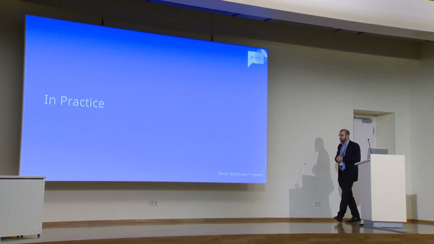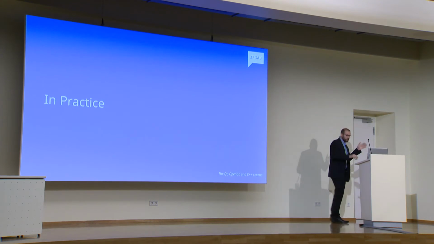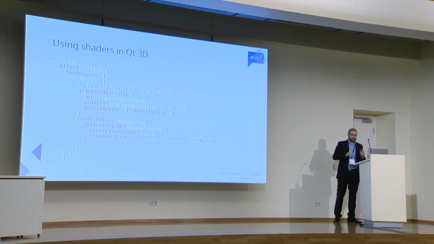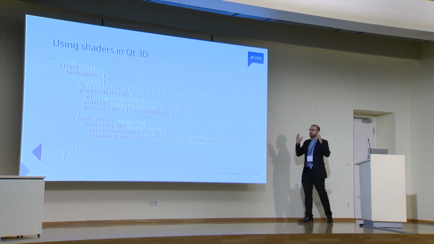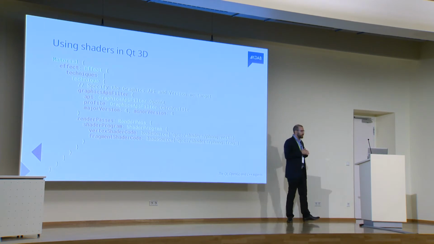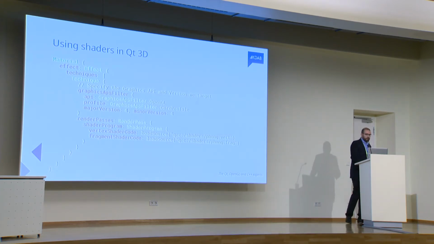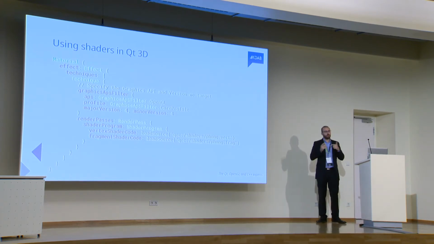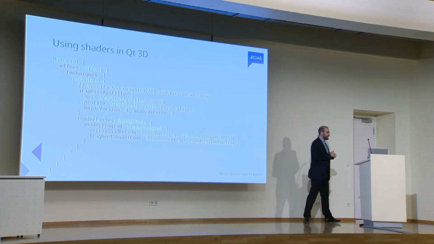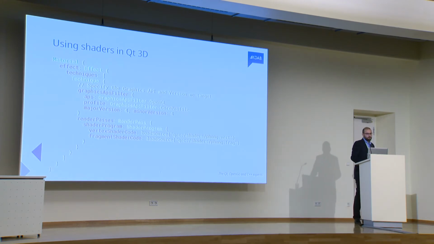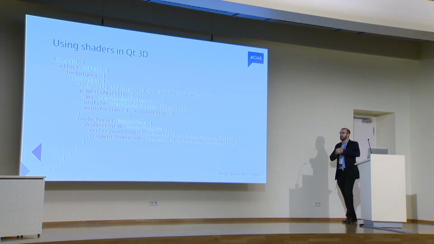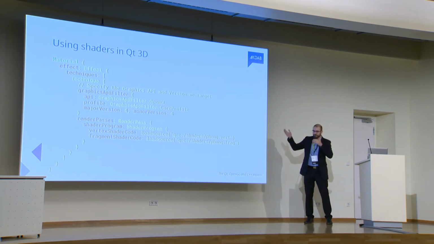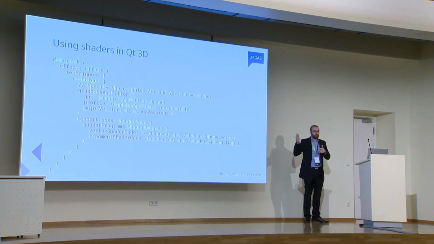So that was a quick recap about shaders to help you understand what we're going to talk about. Because in practice, if you're using Qt3D, that's the way you will load your shaders. You use the material API, which allows you to reference an effect. The effect can have one or more techniques, and each technique has a graphics API filter, which essentially says to Qt3D, we expect that to be run against that version of OpenGL.